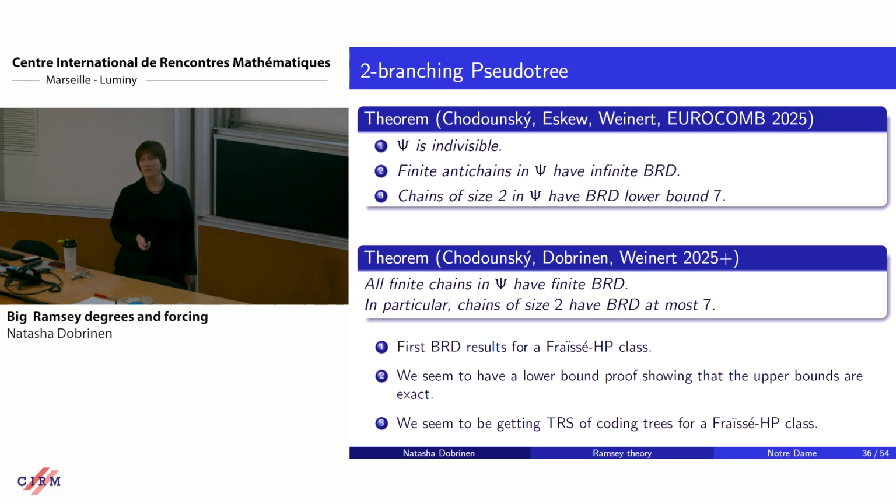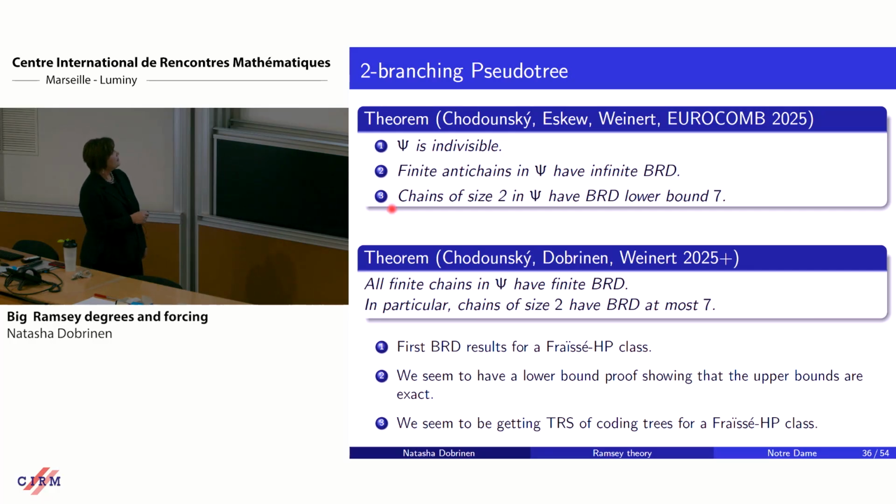For that, they're using an oscillation method of Todorcevic. At the same time, they also found that chains of size 2 have a lower bound of 7. And then using some other work, we found that the finite chains actually have finite Big Ramsey degrees.